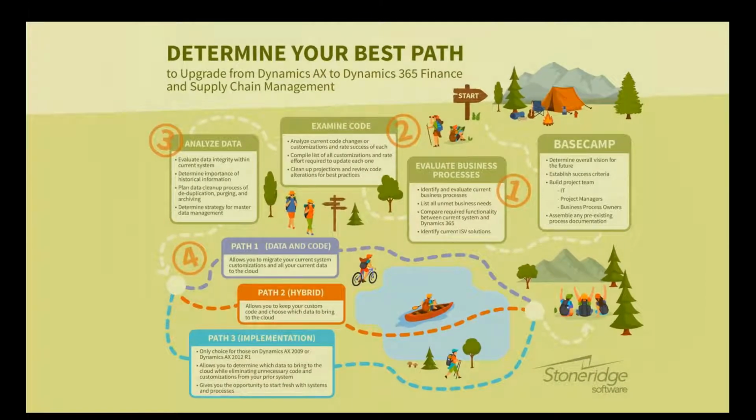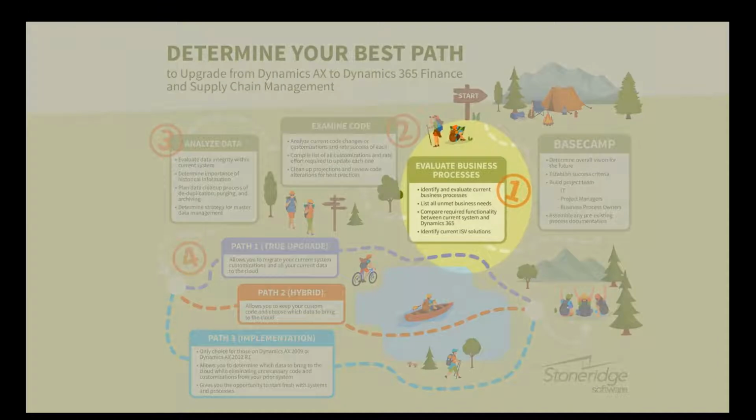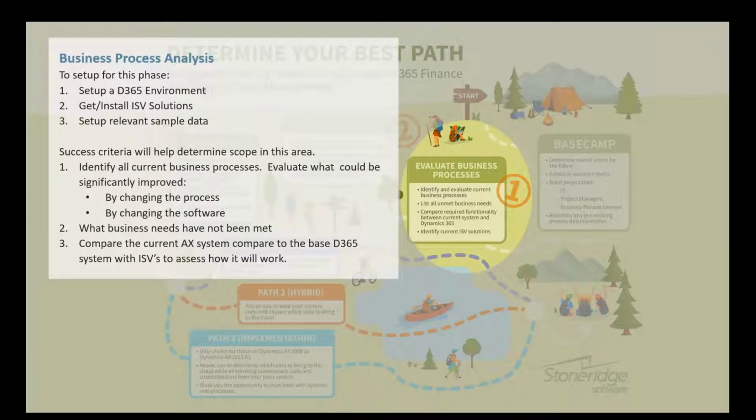So once you've gone through that base camp establishment, what we're looking for next is the evaluation of the business processes. We've assembled the team, we've identified what the success factors are going to be and the vision that's related to it. We've got the base documentation at least identified on where that was. Our next step is to look at the business processes, and the setup that we usually tackle with this is to start getting into the creation and generation of a D365 environment, for example.